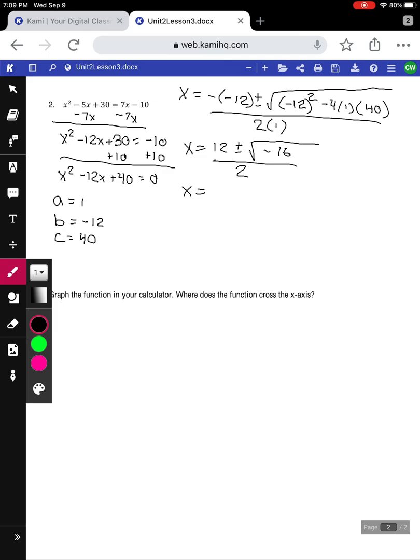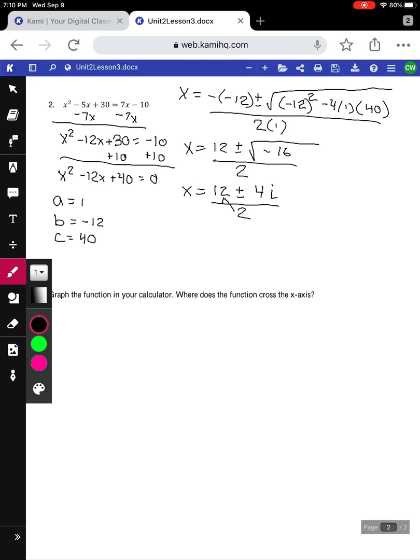So this is where we keep the 12 plus or minus, and we keep the over 2. That negative 16 is the pesky one we have to deal with. That negative can become an i, remember. Then you can just plug square root of 16 in your calculator, and you will get a 4.